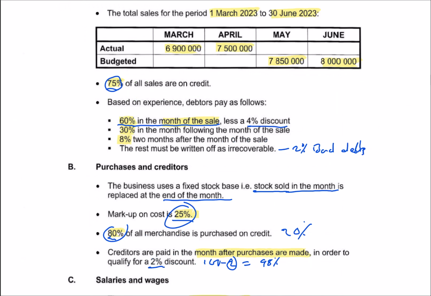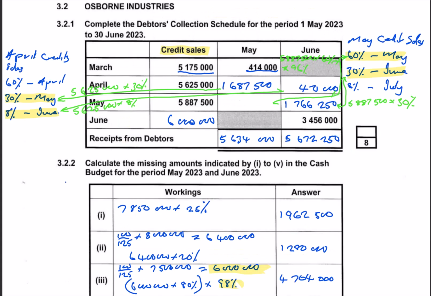I didn't highlight it, that's why I didn't see it. You know, the importance of highlighting, so whatever you highlight, you are quite aware of what is happening, right? So minus 4% discount, so we need to recalculate that, right?